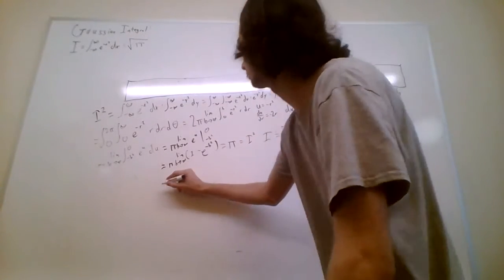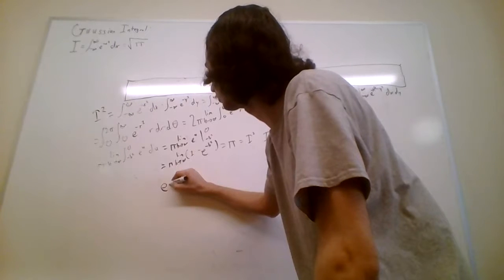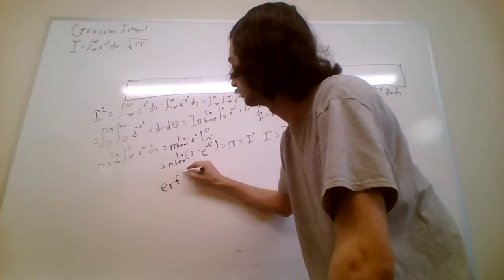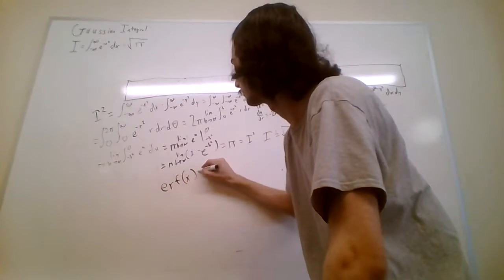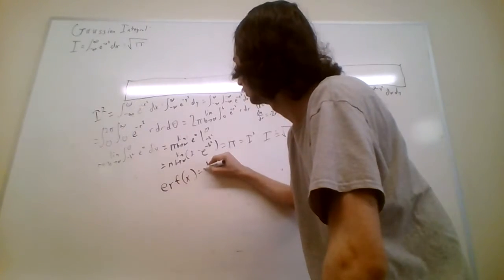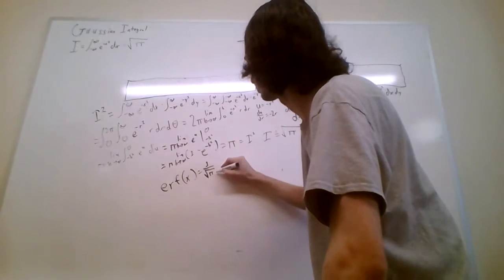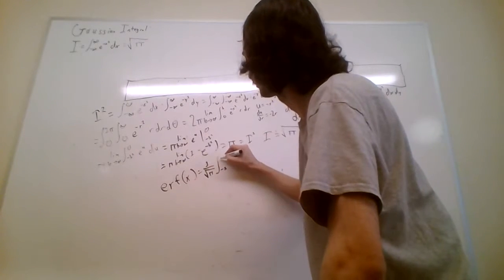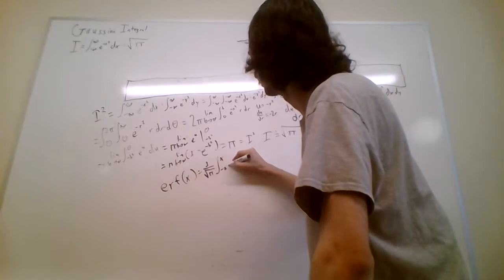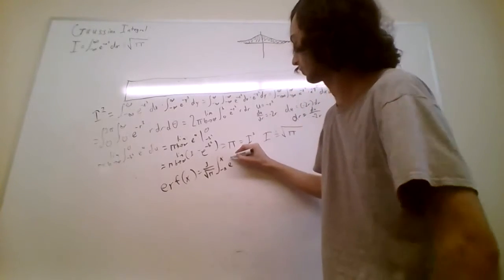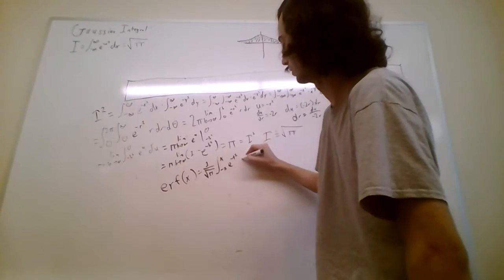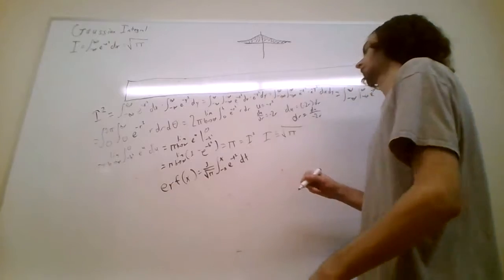So I'll write that down. You write erf of x is equal to 1 over square root of pi times that integral from negative x to x of e to the negative t squared dt. I'll use t for the variable.